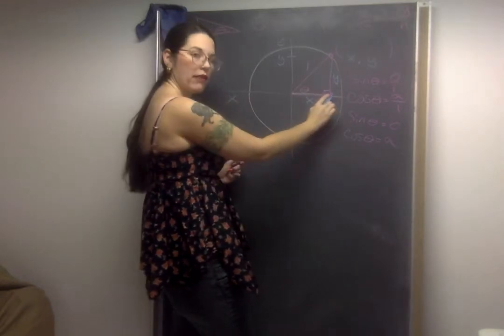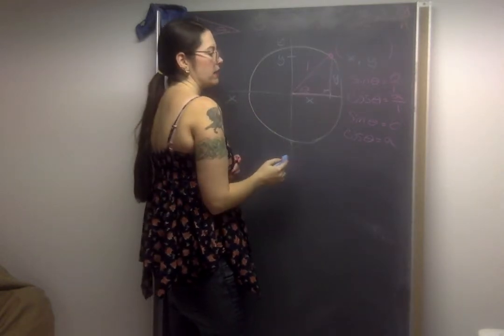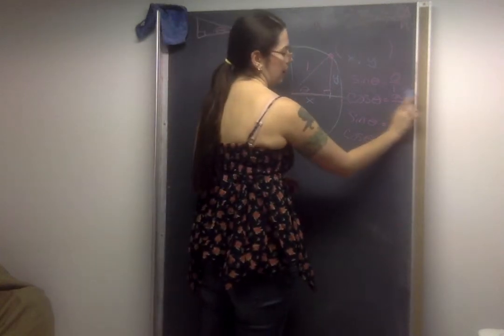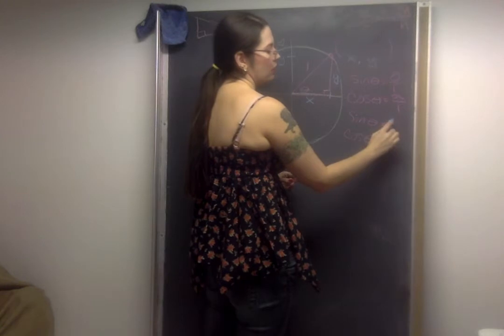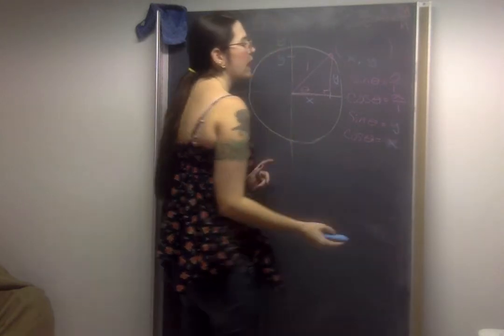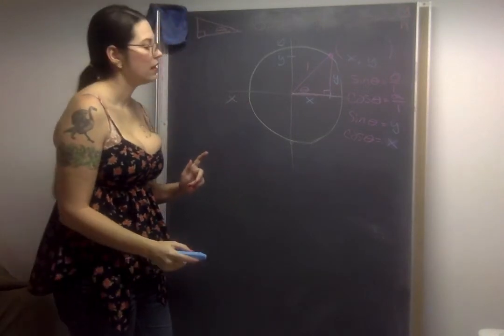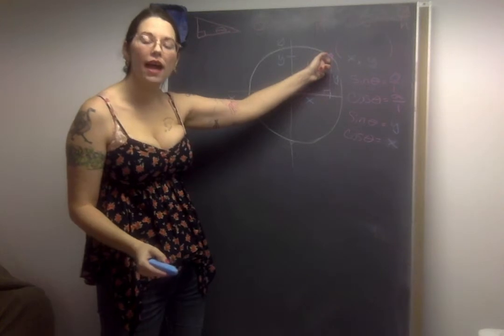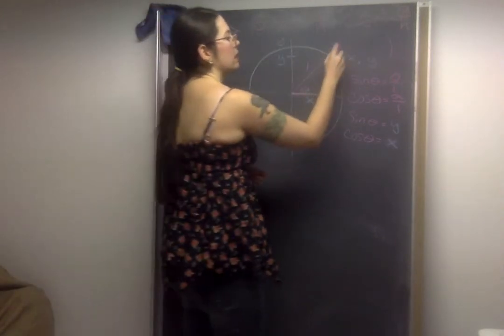That's how far out I've gone to get to this point. So in fact, sine of theta equals y, and cosine of theta equals x. So this point right here has coordinates sine, comma, cosine.